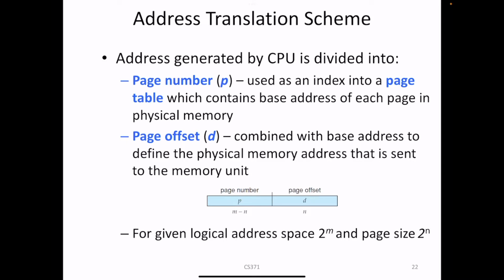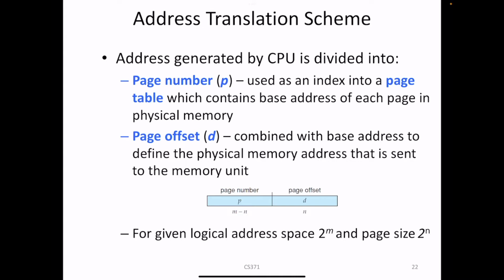The following figure shows the rough idea. For a given logical address space of 2 to the power of m, and a page size of 2 to the power of n, we have a logical address with m bits to denote the total size of the process.